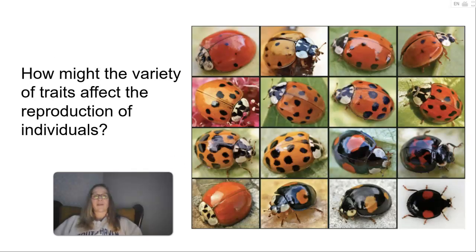In the same way, how might their phenotype, or the variety of traits, affect how well they reproduce? How are they going to be able to make more babies and pass along their genes? Is it more effective to look like this if you want to reproduce, or is it more effective to look like this? Or is this something that's more attractive to mates?